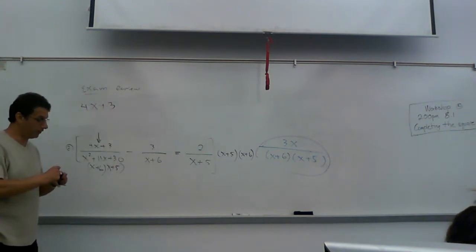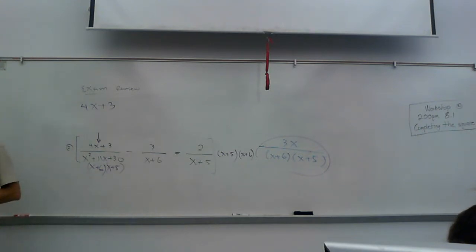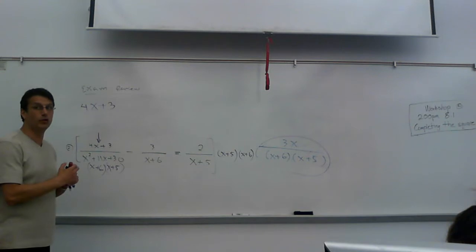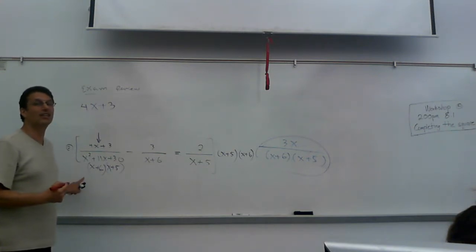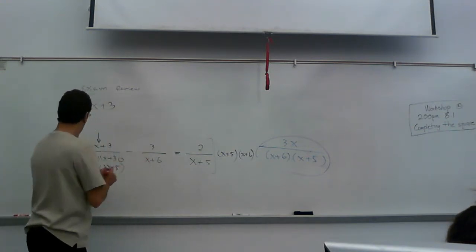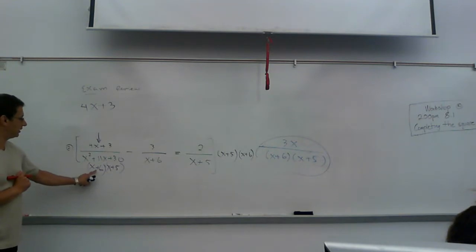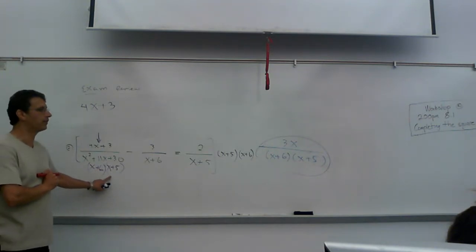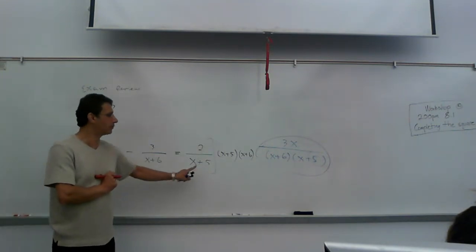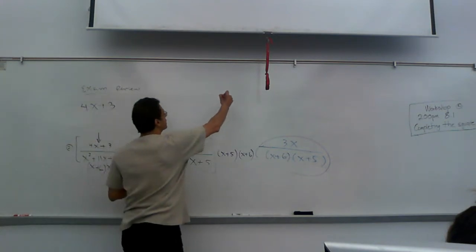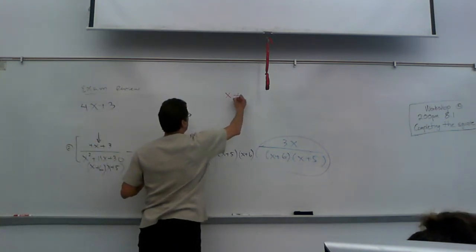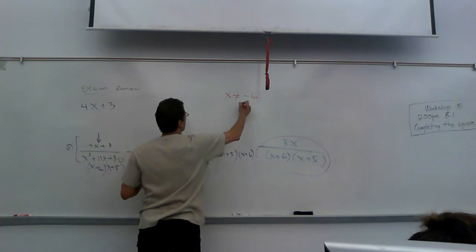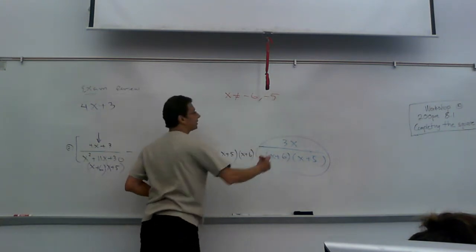Yes. Now, before you do that, by the way, I took off 1 point for that mistake, so let me just mention that. Before you even start, what is it that you need to exclude? You have to exclude what? Negative 6 from here, negative 5 from here. This one is the same thing, this one is the same thing. So first and foremost, x can't be negative 6 and negative 5.